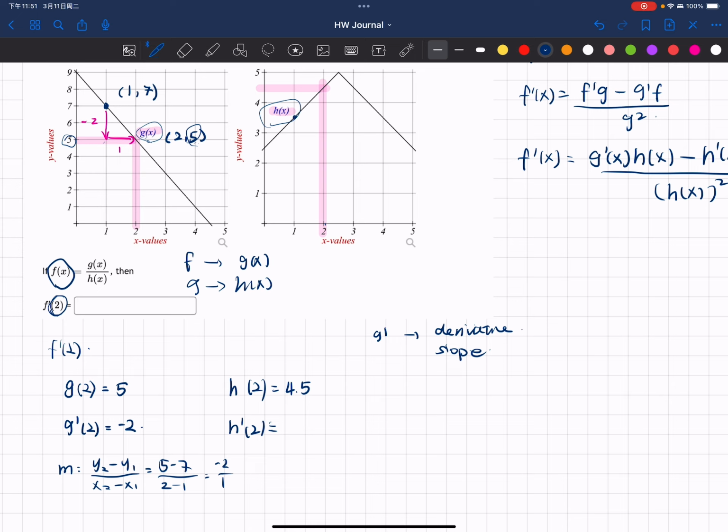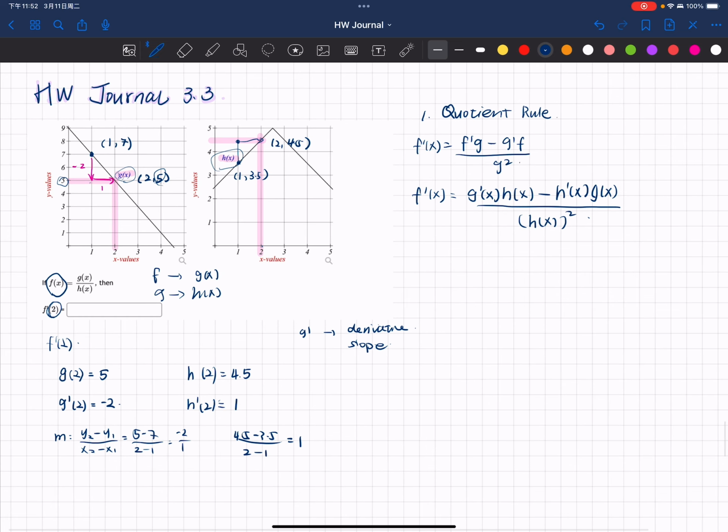From this point to this point, I will consider it as 1 unit and 1, so it's actually 1. Just for clarification, the coordinates right here are 1, 3.5, and also right here is 2, 4.5, so we could utilize these: 4.5 minus 3.5 over 2 minus 1, which is 1 as well.